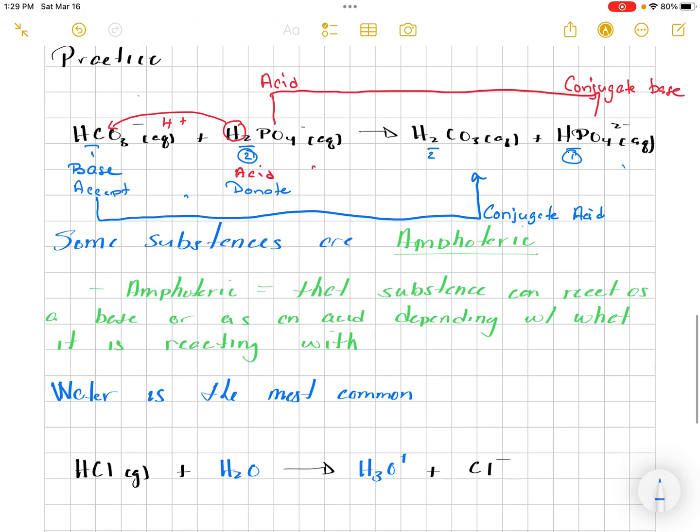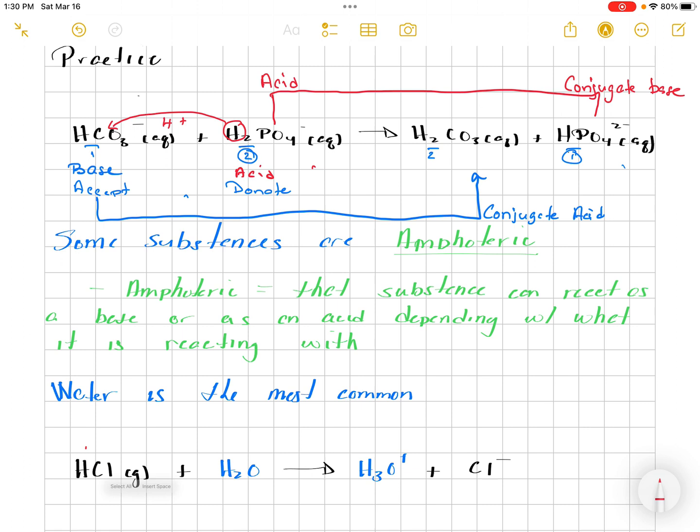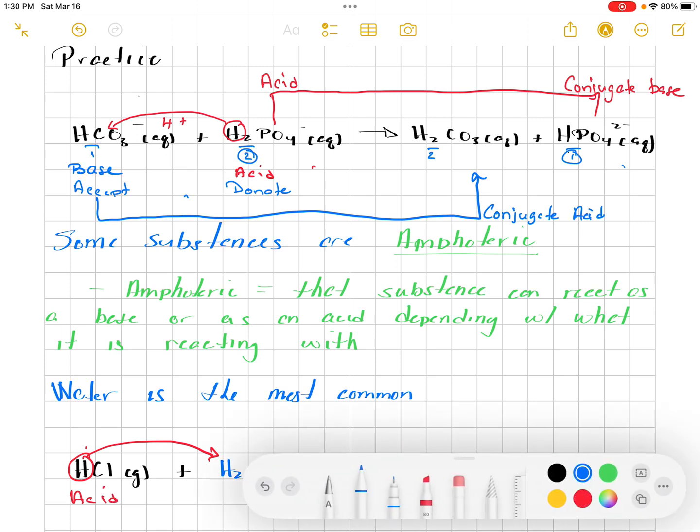If I react water, for example, with hydrochloric acid, which we know is an acid, then in this case, water is going to behave as a base. Based on the number of hydrogens, we can clearly see that this one is donating its hydrogen, so it is behaving as an acid, and water is going to behave as its base.